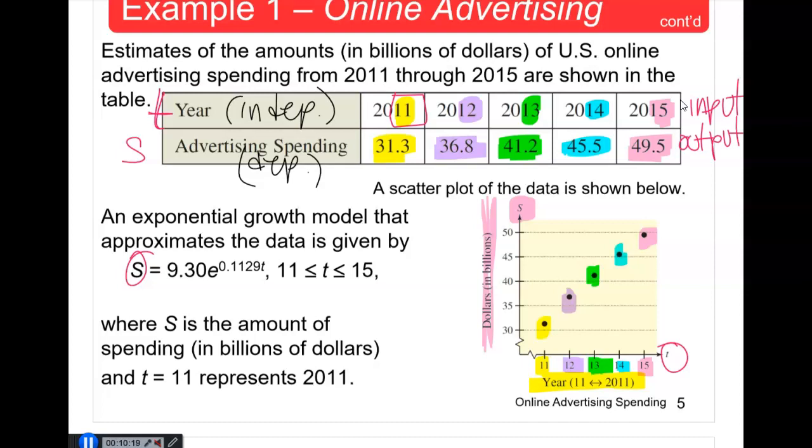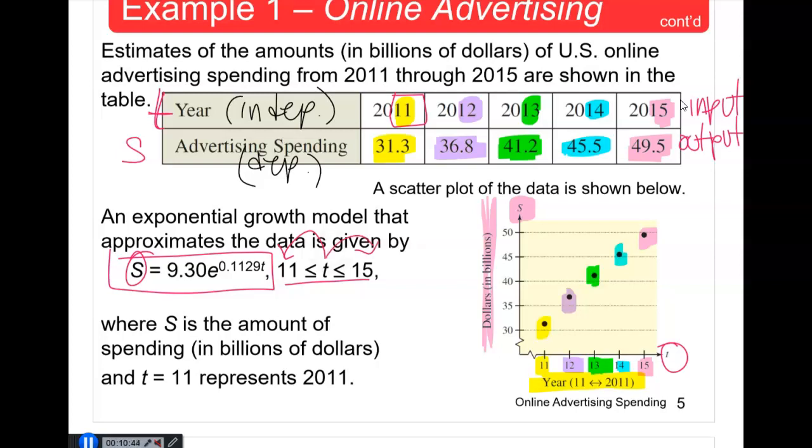Okay, and here we're kind of lucky because we're getting the model already, so we don't have to find it yet. And then you can see how T, the years, is defined from 11 to 15 because we only have data from the year 2011, so that's why it says T is greater than or equal to 11, and also T is less than or equal to 15.